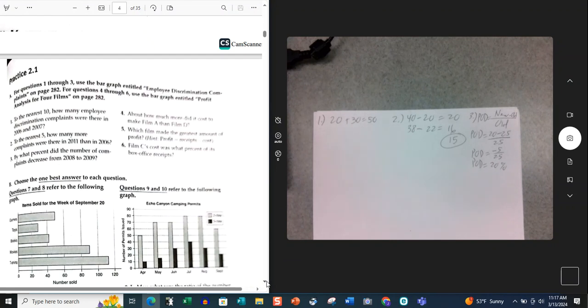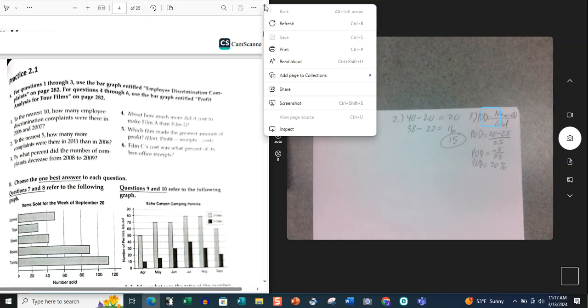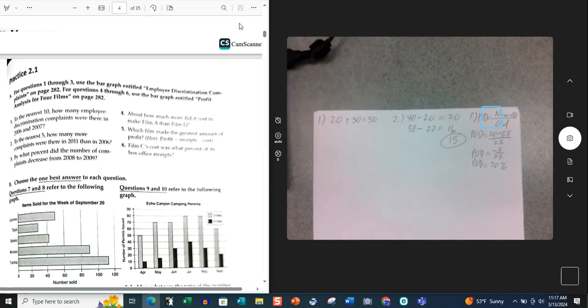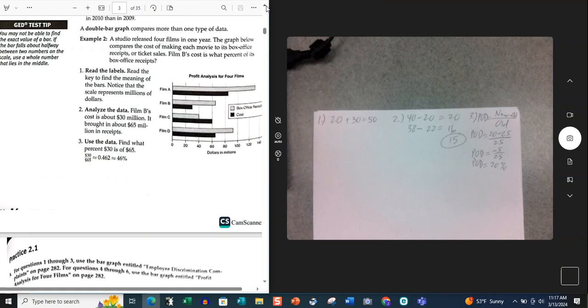Now numbers 4, 5, and 6, they want us to use the double bar graph for the 4 films. It says, about how much more did it cost to make film A than film D? Okay, so first, let's go back up here. So we go to film A and film D. And remember, the black part is what it costs. So how much more did it cost for film A?